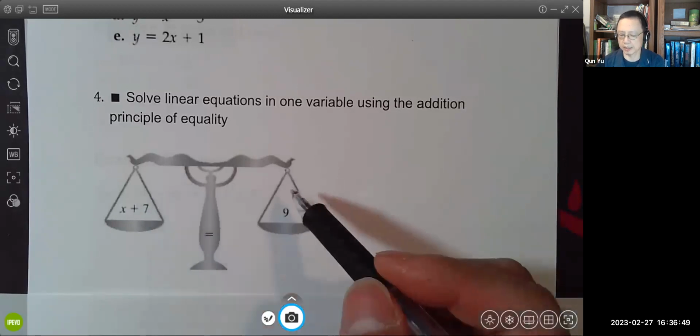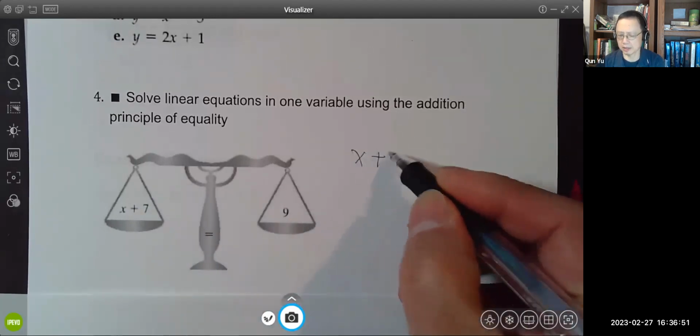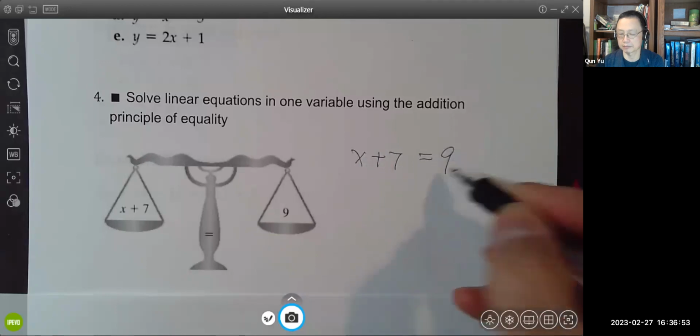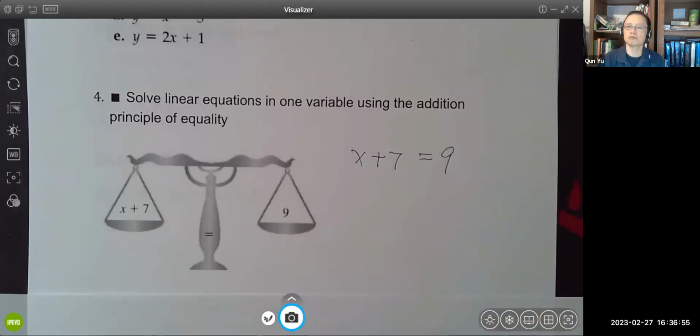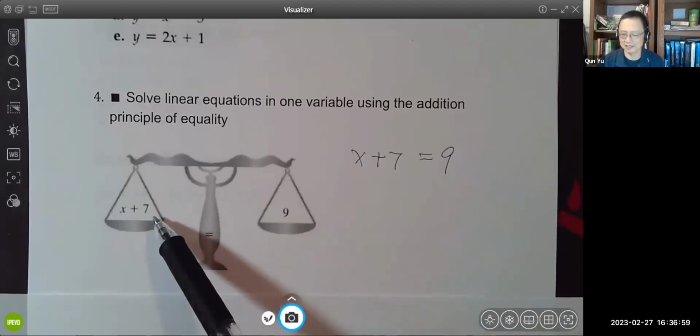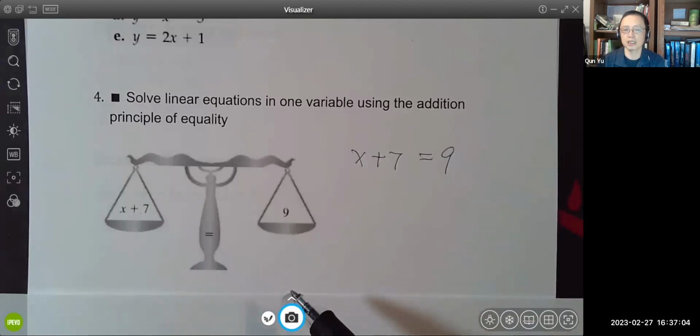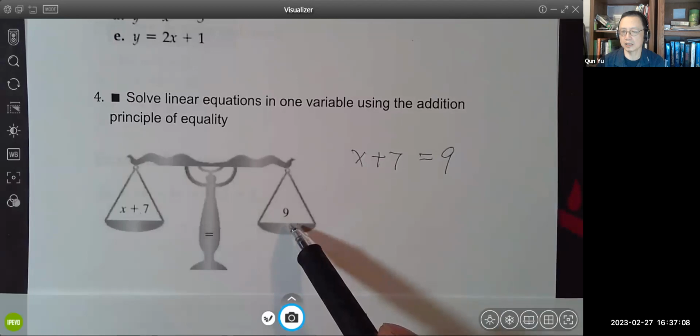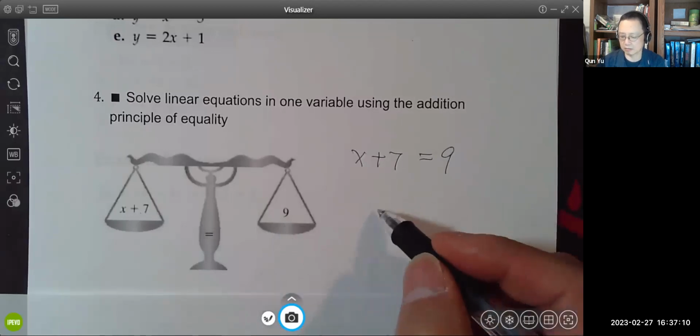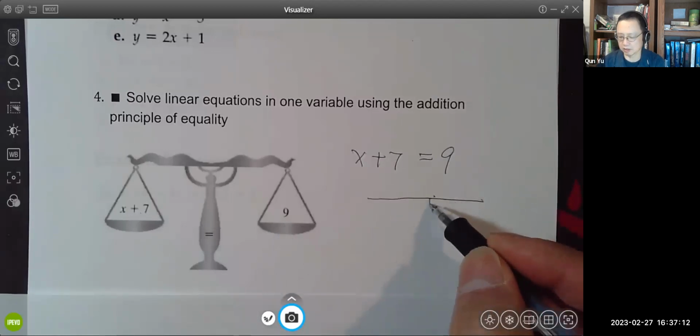So this one is balanced, which means x plus 7 equals 9. Now, when we have a balanced balance, when they have equal weight, no matter what you do, as long as you do the same thing on both sides of the balance, it will keep balanced. Let's try to understand this to see if this makes sense to you.